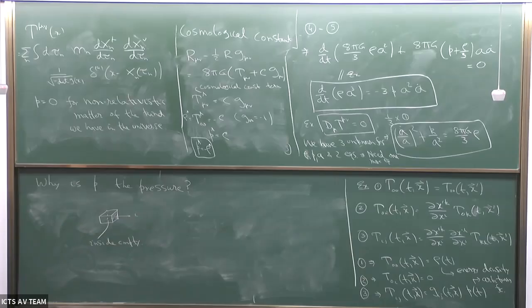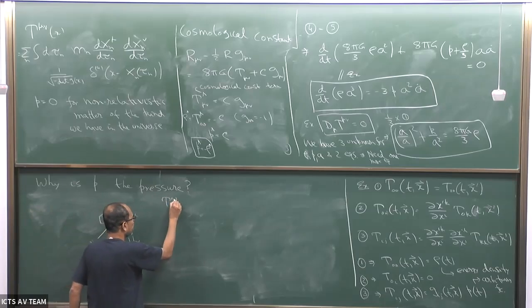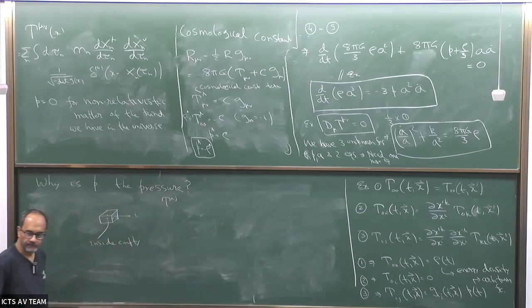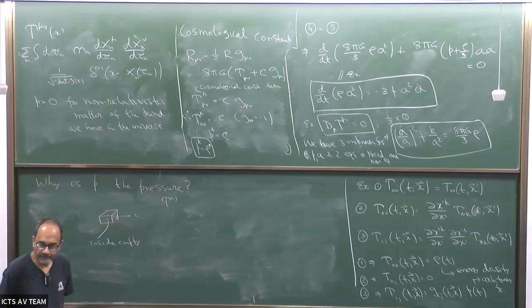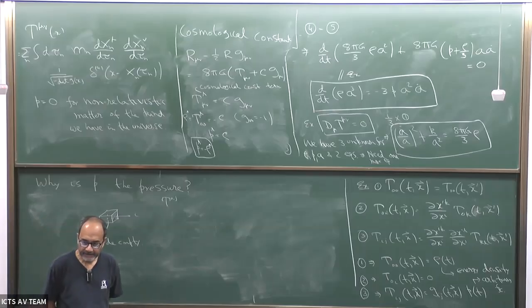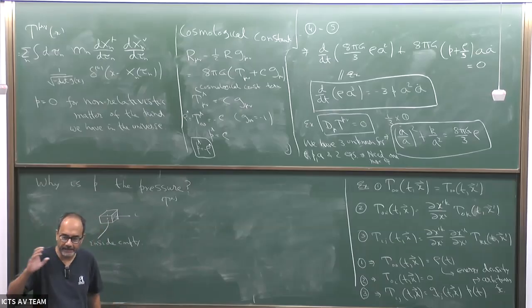Is this clear? Now, Tij. You remember its interpretation? What is Tij? This is the momentum flux. So Tij is the flux of the jth momentum in the ith direction.